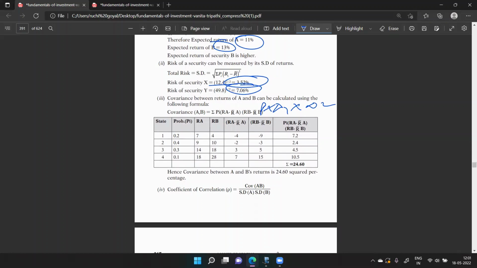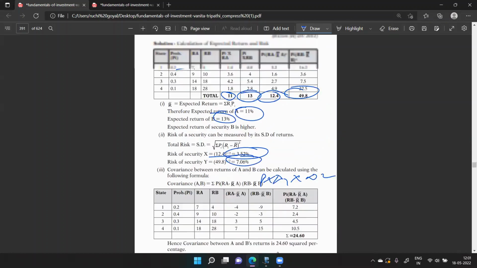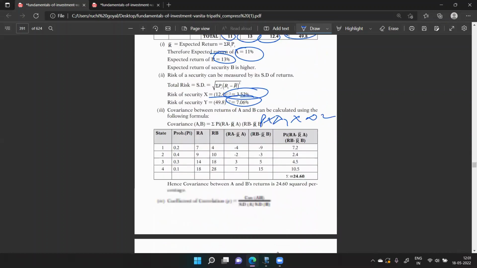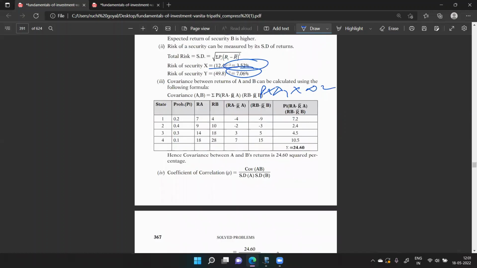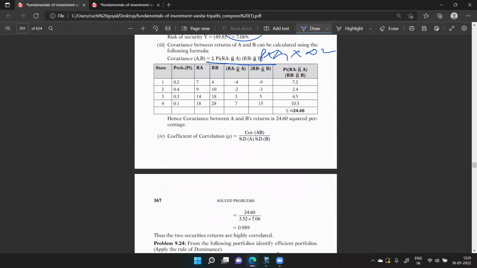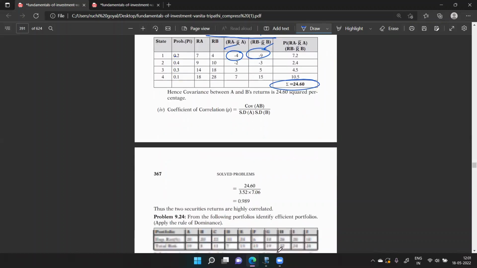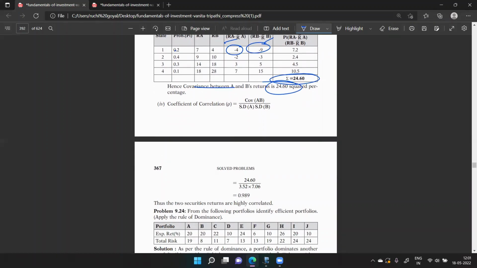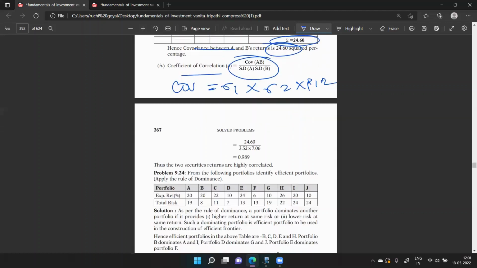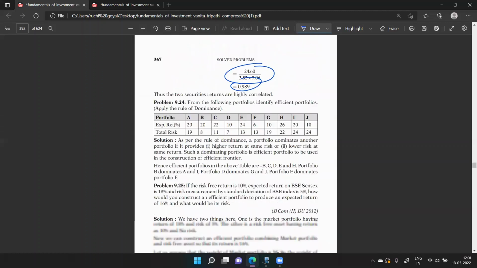See, इसे यहाँ पे फिर से निकालना पड़ा है. अगर उसने पहले ही हमारा वाला फॉर्मूला यूज किया होता, ऐसे अलग अलग, तो उसे यहाँ पे फिर से नहीं निकालना पड़ता, ठीक है, हमारा एक ही बारी में टेबल पूरा प्रिपेयर हो जाता. तो P into D1 into D2, this is the D1, this is the D2, so P into D1 into D2, you got your sigma, it is the covariance. Then you use the formula covariance is equal to, ठीक है, क्रॉस मल्टीप्लाई किया and you got 0.989.